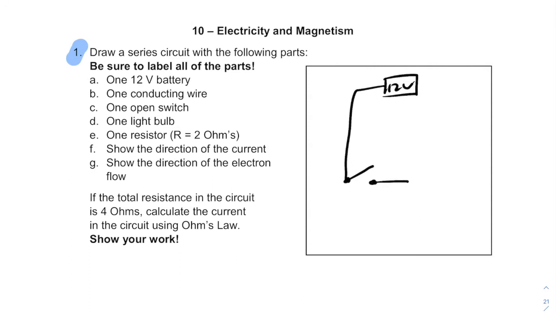We have a light bulb. We have a resistor. We can draw like that. And I'm going to go ahead and draw in another wire over here.